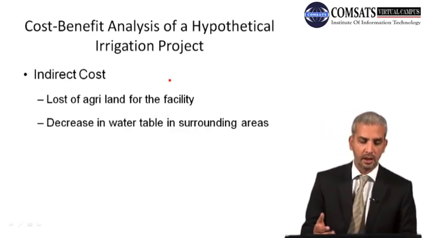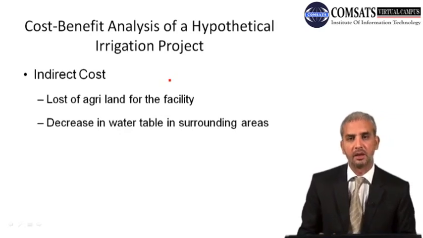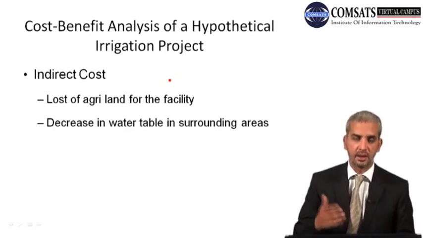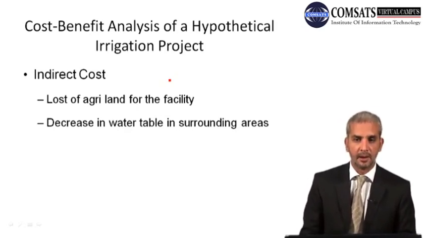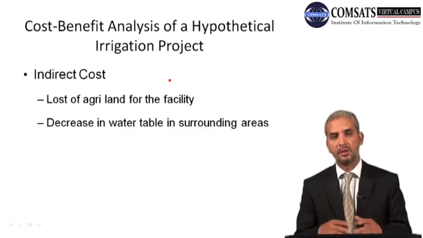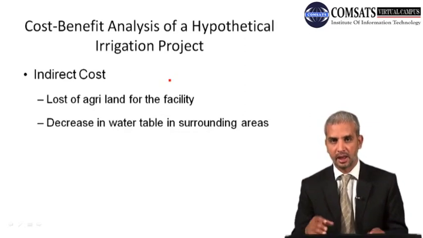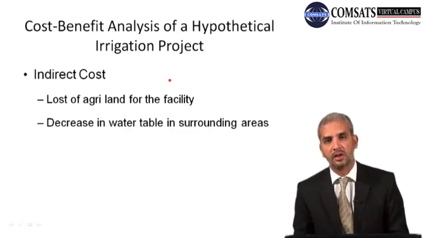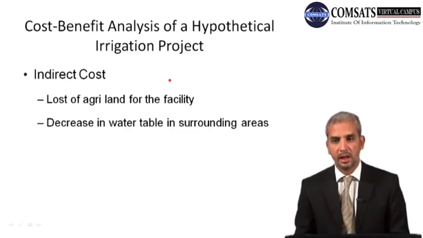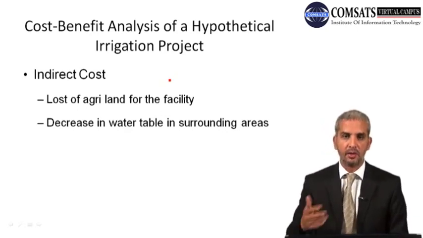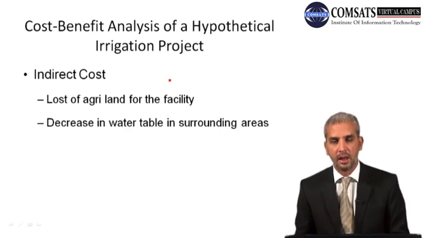Now we come to the indirect costs that are involved. There is certain loss of agri land, which we discussed in the last lecture also. Land has been procured for irrigation of most of the area, and that procured land could also have been agri land, and that agri land is no more available for production of agriculture crops.